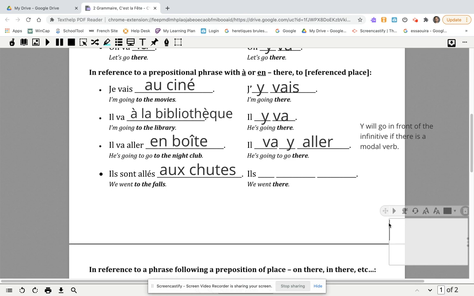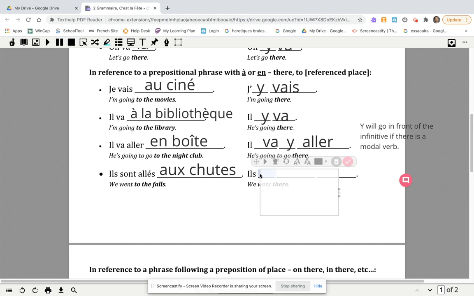Now that's what you have to know when you're doing your practice in the packet and on your quiz. Next one, ils sont allés aux chutes. We went to the falls. Now, this one's in the past tense, so where's it going to go? It's going to go in front of the conjugated verb. That's what happens with the past tense.